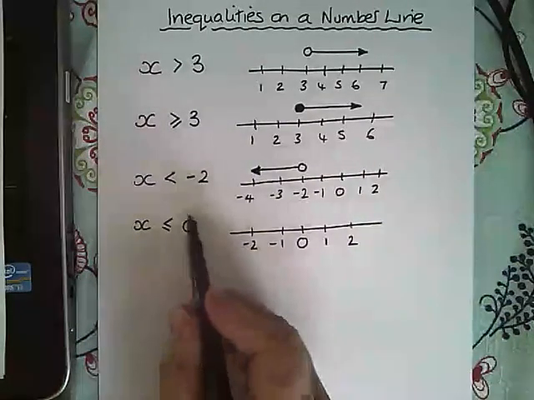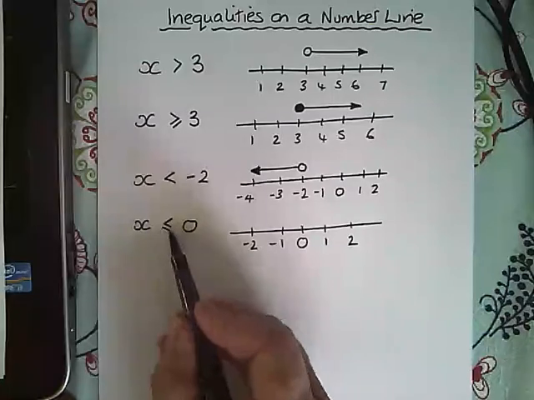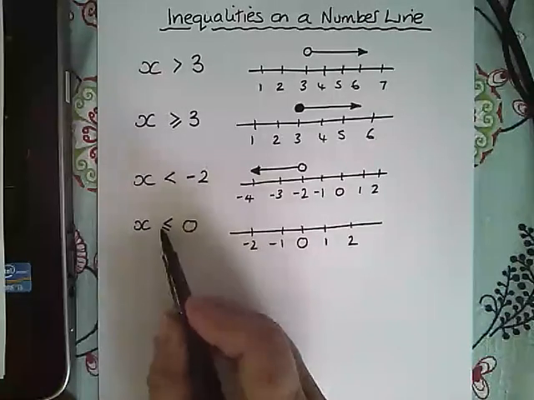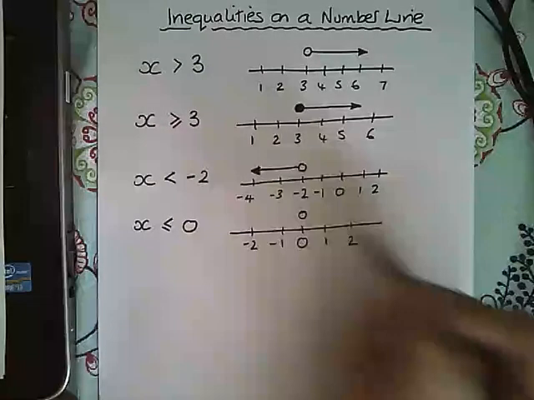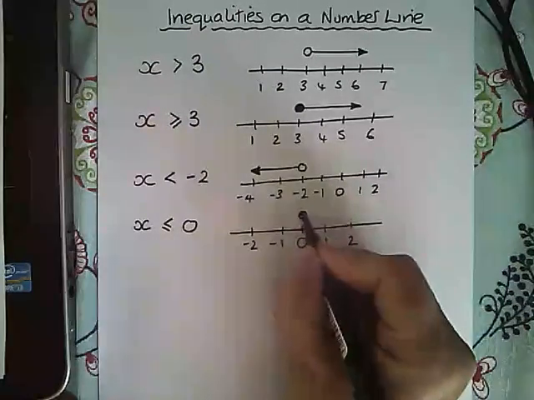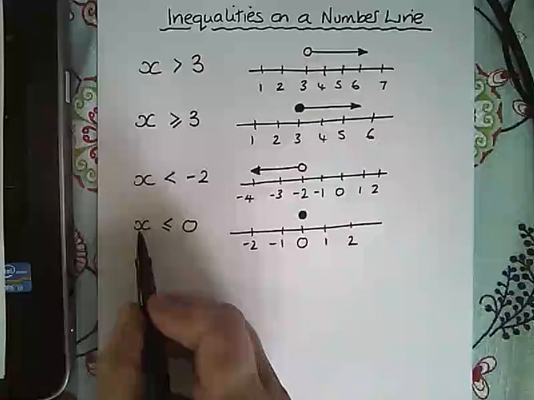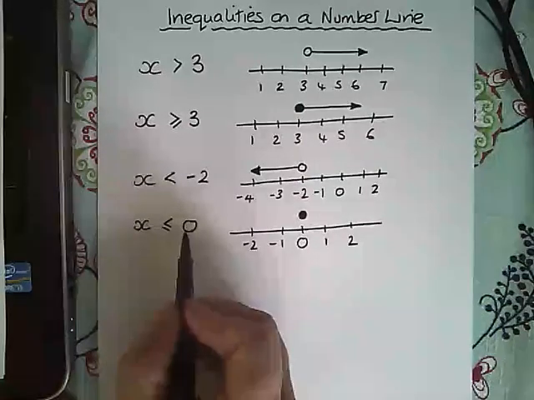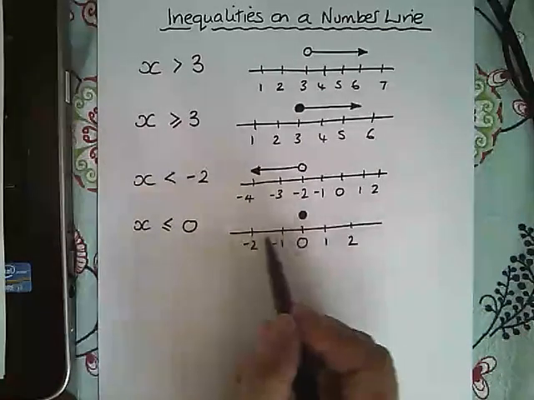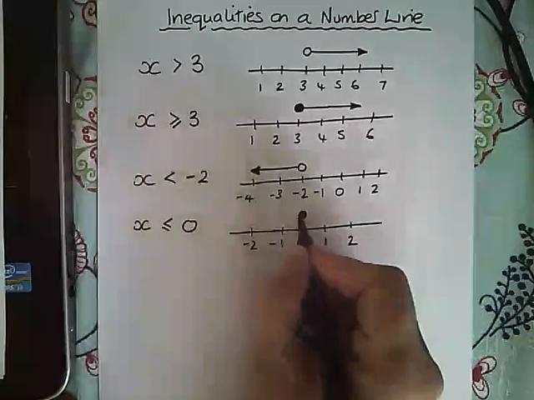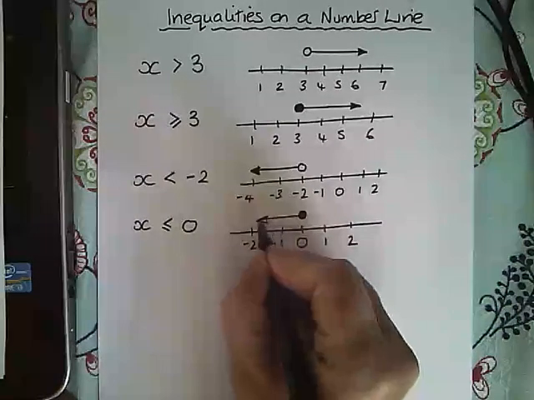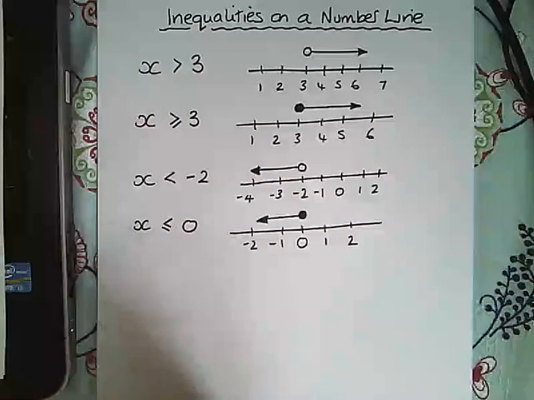So this time x can take the value 0 because it has an equals bit with the inequality sign. So we're going to draw a circle above the 0 and colour that in. X is less than or equal to 0. Less than 0, if you think in terms of temperatures, all these temperatures are less than 0. So our arrow is pointing that way.